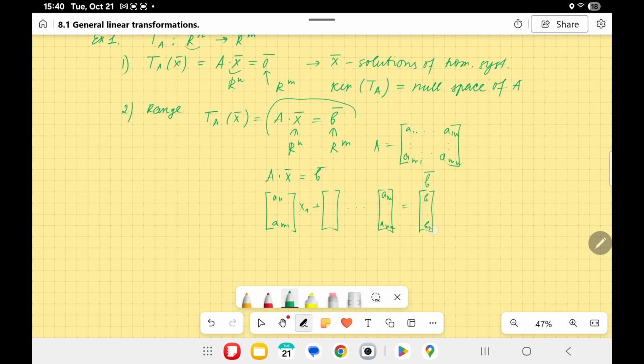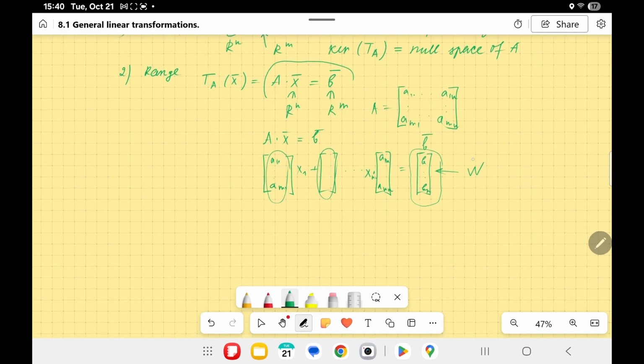Well, what is this actually? Sorry, I put m here, supposed to be n. Sometimes I just kind of want to write down one thing and write down another thing. Okay, guys, what we have over here is that all vectors in vector space W are produced by linear combinations of these column vectors of matrix A. So, range, or all possible vectors of W, R of TA, is going to be what?